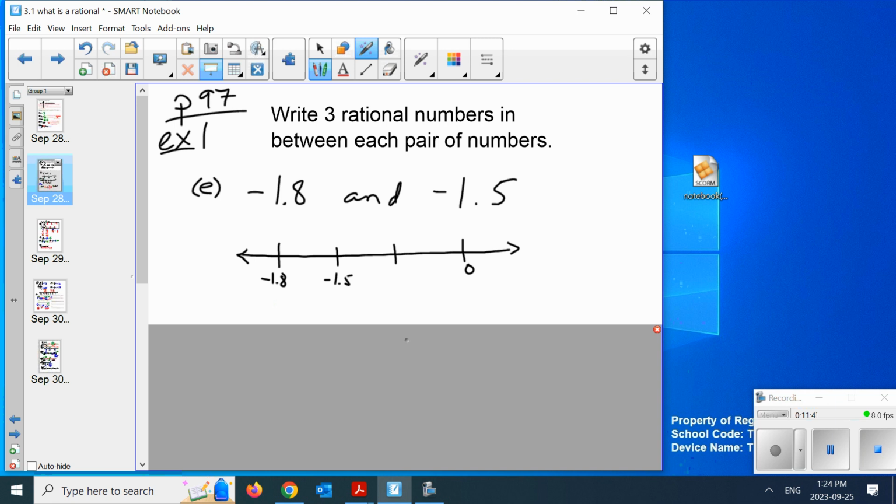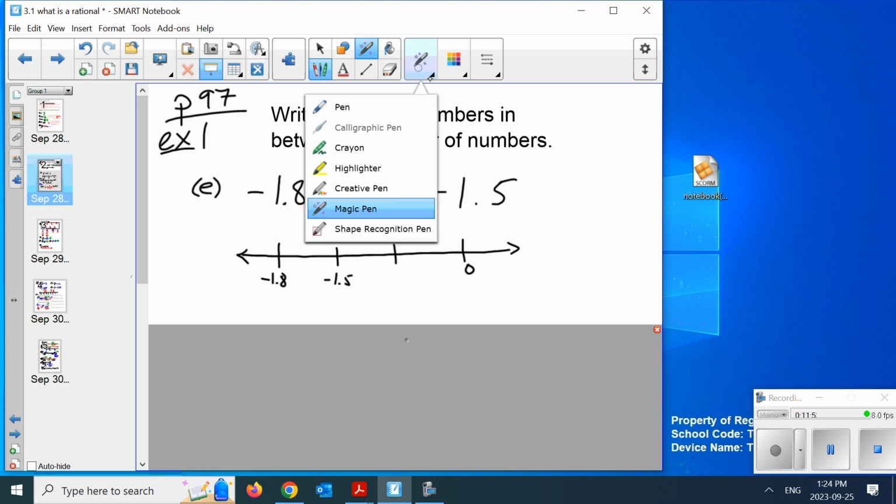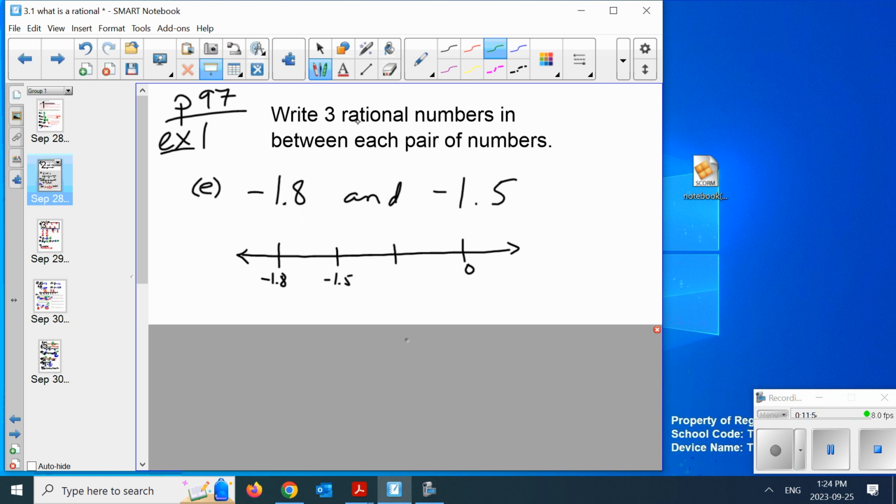One negative 1.55 would be sure. Well, let's write this down here then. Okay, so I'd say that one's close to here, so I'm going to go negative 1.55. Now, it's not that it is money, but it's easier to think of money sometimes in decimal situations. Okay.